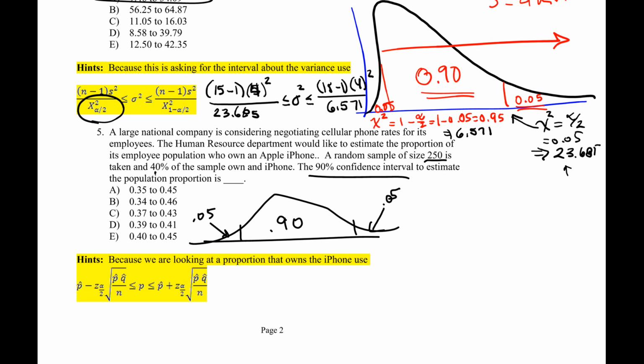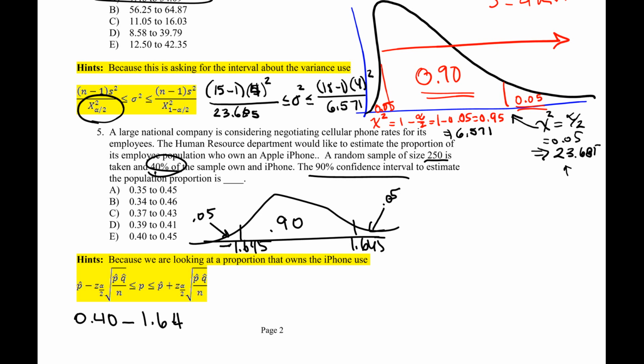So it says a random sample of 250 was taken and 40% of the sample owned an iPhone. So that is my p hat, 40%. My z values are negative 1.645 and positive 1.645.